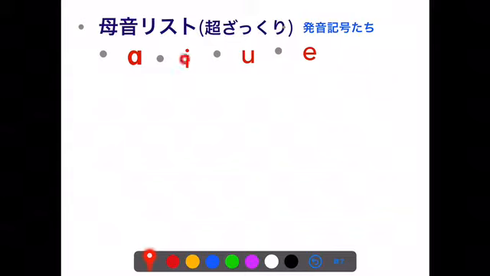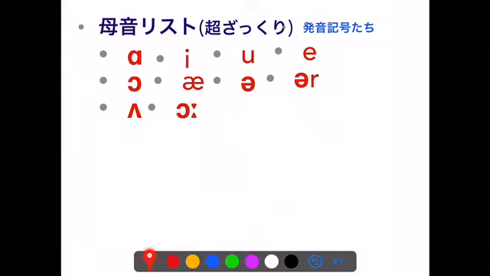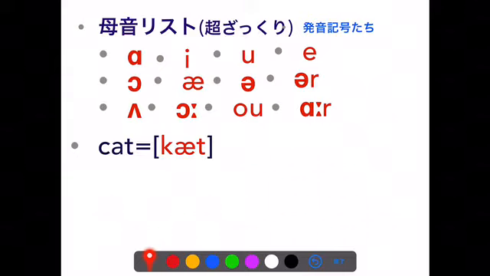Only main ones. This is in between R and E, and this is between O and U, and this is popular. You can just say O plus U and roll your tongue. This is O. And this colon means long sound O. This is double vowel, which is called diphthong O. And the colon plus R is R sound. So this is K plus E plus T. Cat.